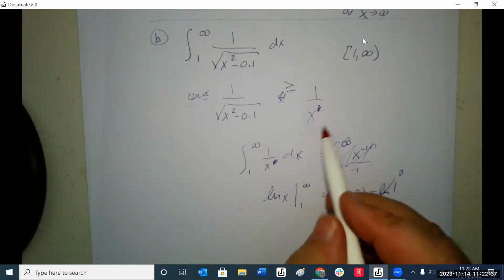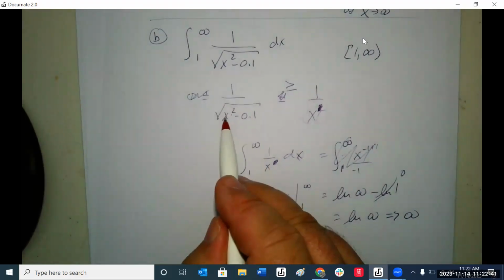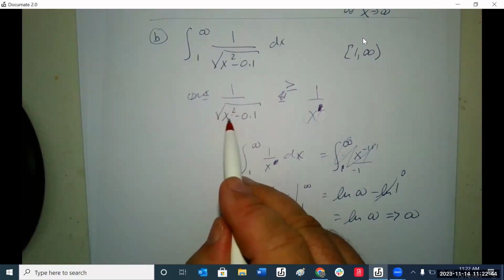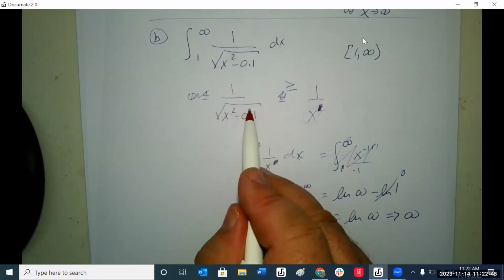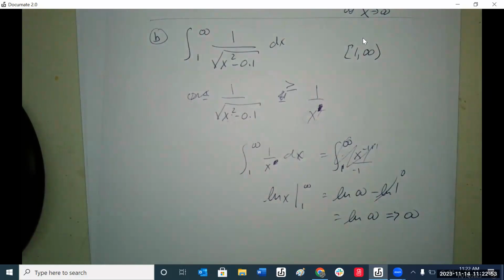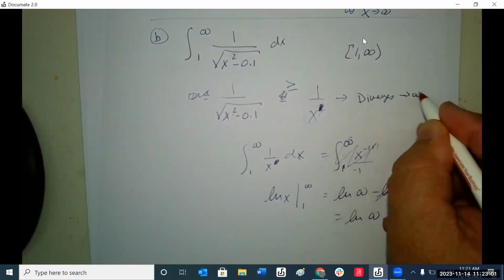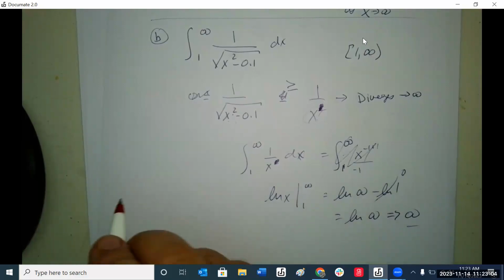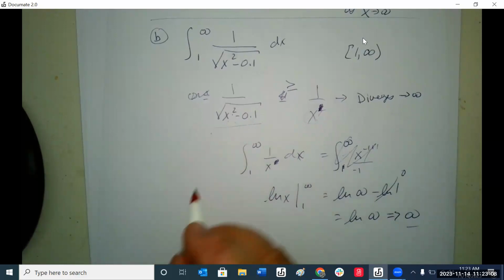Yeah, so this one, 1 over x, is bigger than this one because the square root of x squared is x. The minus makes the denominator a smaller function, so it makes the fraction larger. So since this one diverges, it goes to infinity, then this one is larger than it, so it also diverges.